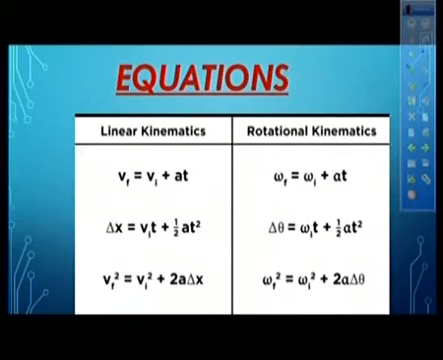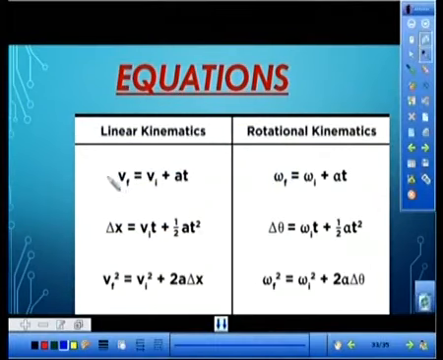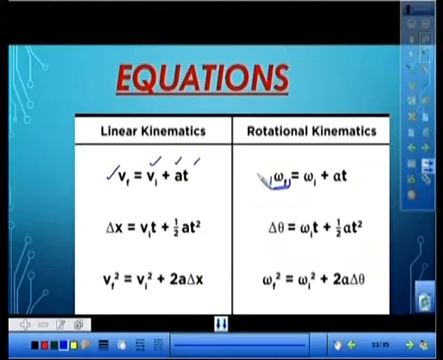You have all studied the equations of motion when you studied linear velocity: v is equal to u plus at. In case of rotational kinematics, velocity is replaced by omega. These all are involved in kinematics: initial omega, final omega, and acceleration is replaced by alpha.